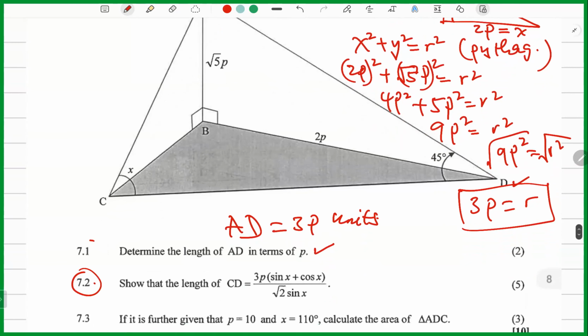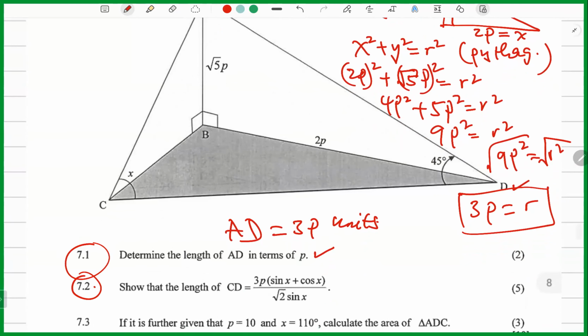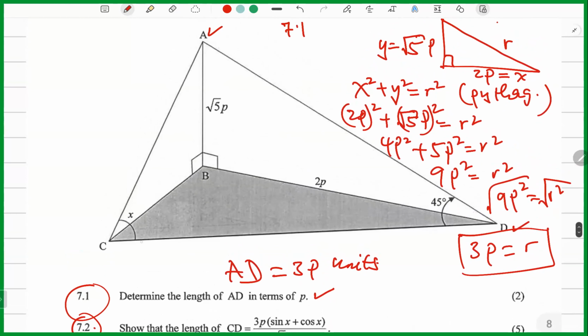Right, in 7.2, show that the length of CD is this one. So at this point, if you want to find the length of CD, you can easily determine that because you already know that AD is 3p.